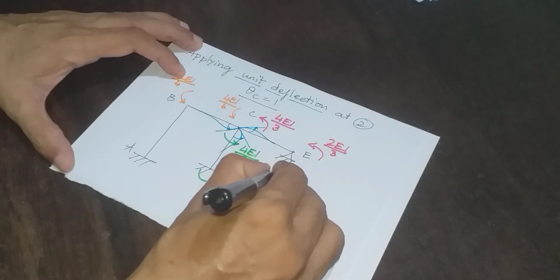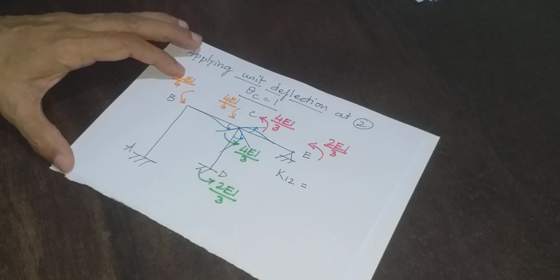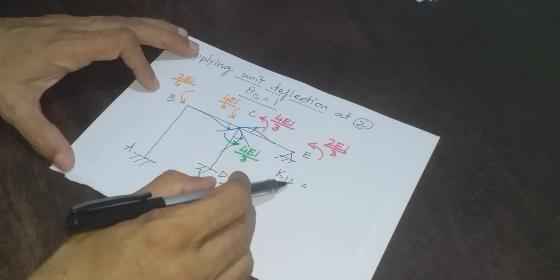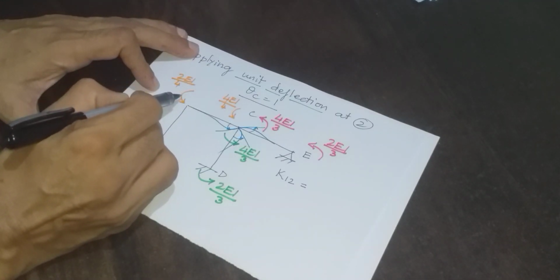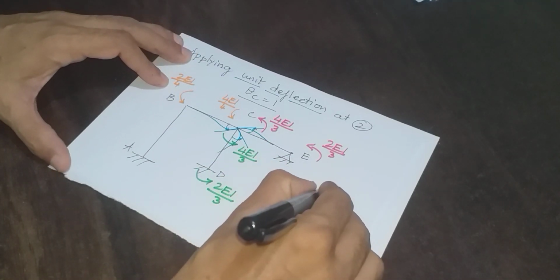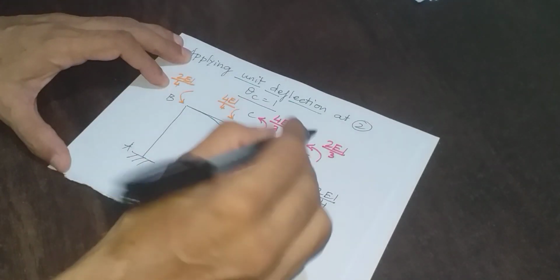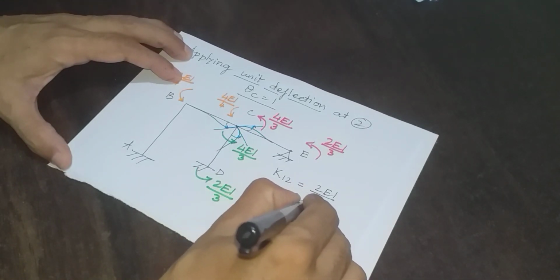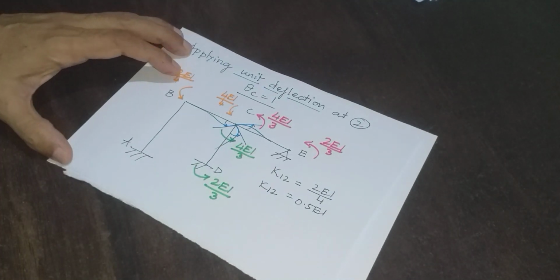Now I am going to write the second column of stiffness matrix, K12. What is K12? Force at coordinate 1 due to unit deflection at coordinate 2. My coordinate 1 is anticlockwise coordinate at B. So what is the force? 2 EI upon 4. Since it is anticlockwise and assumed coordinate is anticlockwise, I have taken the value as positive, 0.5 EI. So K12 is 0.5 EI.